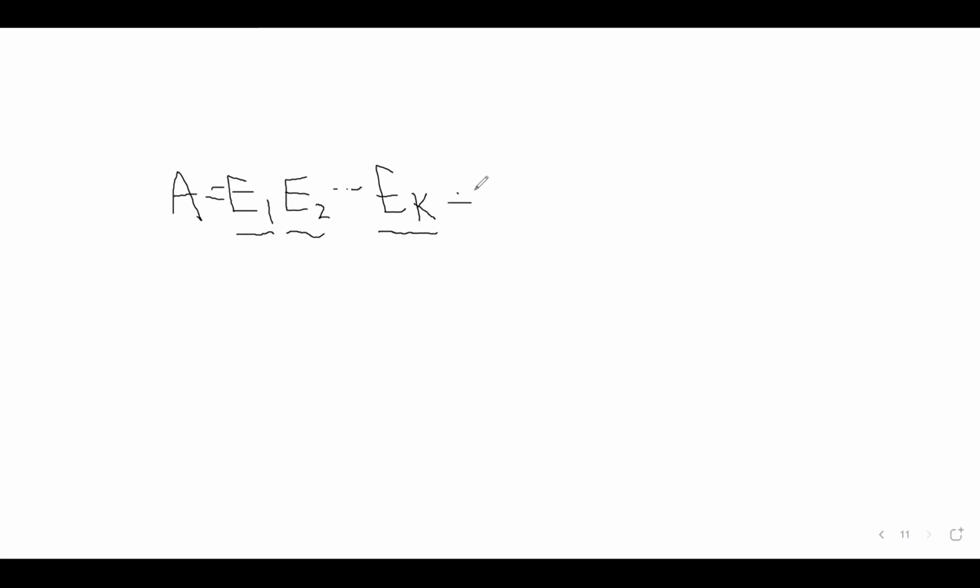So now A is a product of invertible matrices. By theorem, if you multiply invertible matrices, you get another invertible matrix. And so now this is itself an invertible matrix. Make sense? Okay. So that theorem is very quick to prove.